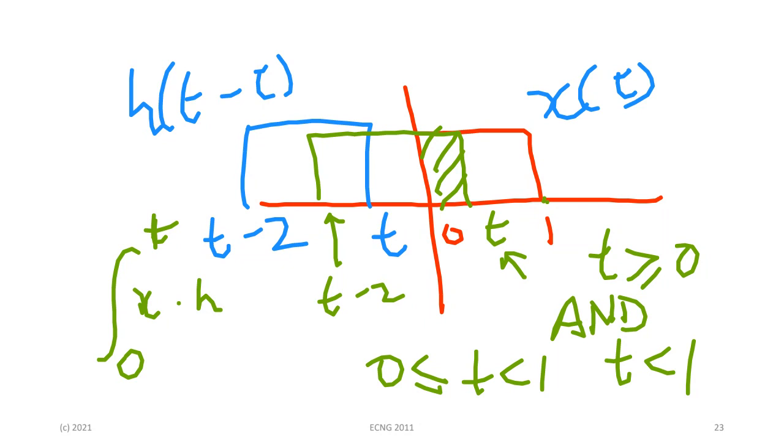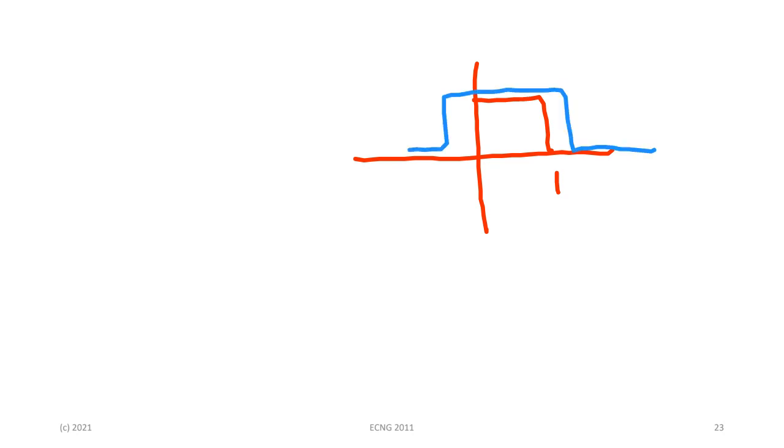And so we draw this again. We come back with x, which is 1 unit long, and we have h, which is this now, right? So this is t, and this is t minus 2.